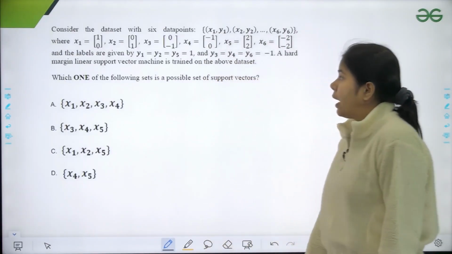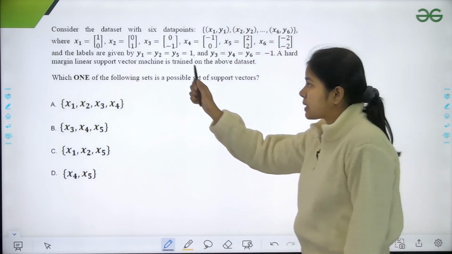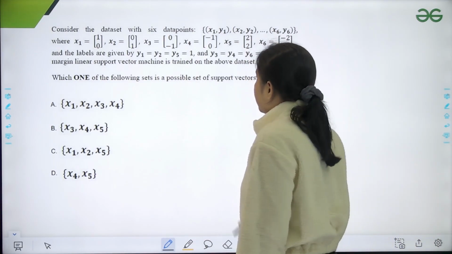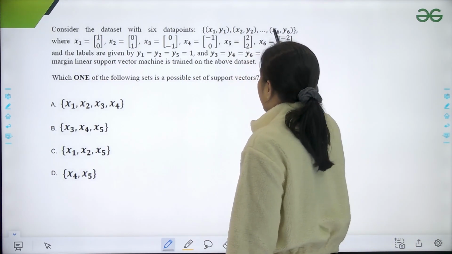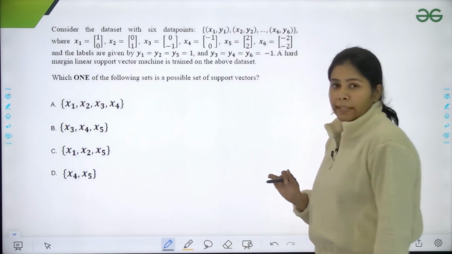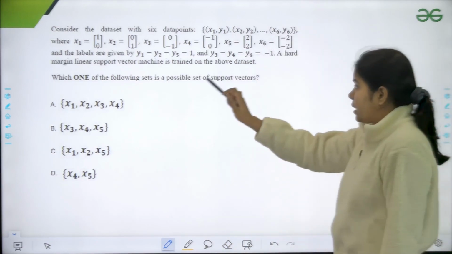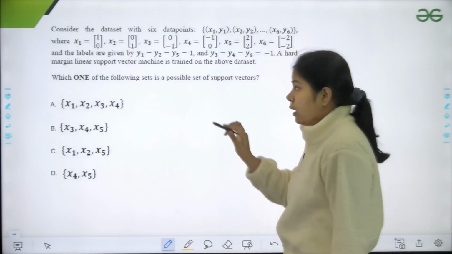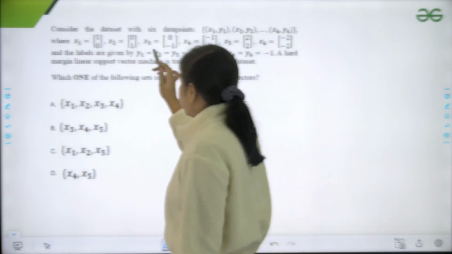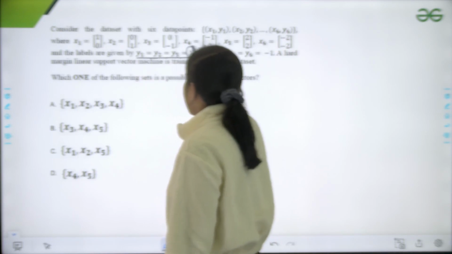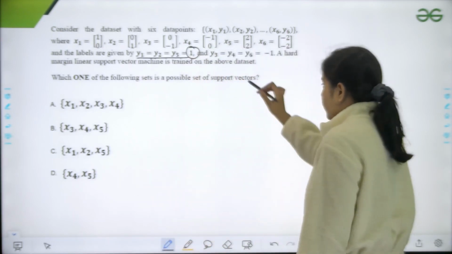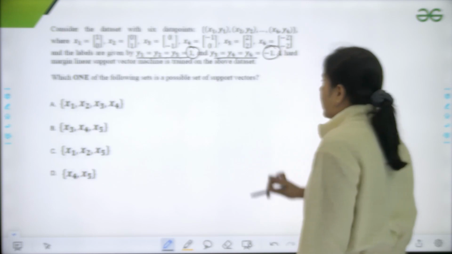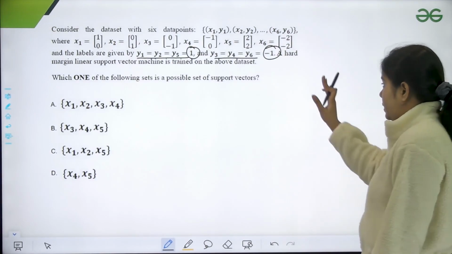Now the next question is again from machine learning. It says: consider a dataset with 6 data points (x1, y1), (x2, y2) up to (x6, y6). The points x1 to x6 are given and their labels are also given. That means y1, y2, y5 are labeled as 1 and y3, y4, y6 are labeled as -1.